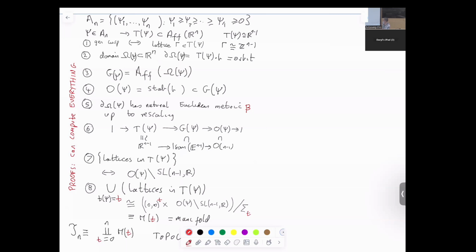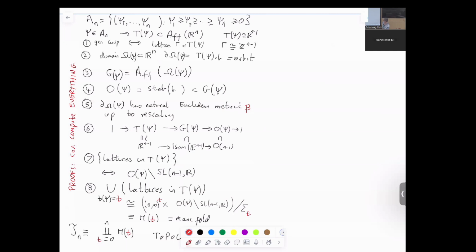So from this, one sees that if you fix a psi, the possibilities for lattices correspond to cosets of this orthogonal group in the special linear group. The point is that if you take an element in SL(n-1, R), you can compose it with one fixed homomorphism of V into T psi, and you get a new one.